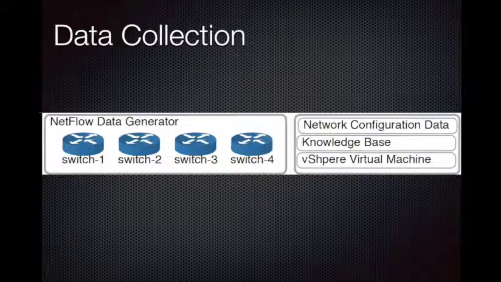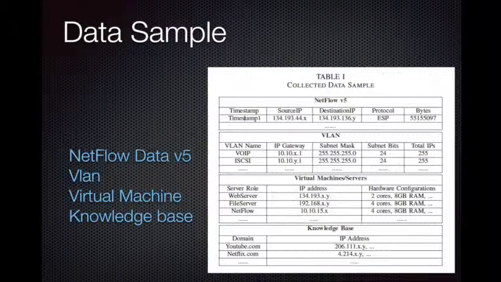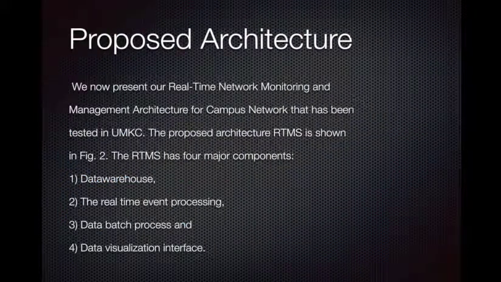Basically we have 4 different kinds of switches and 3 different kinds of data: network configuration data, the VLAN data, virtual machine, and the knowledge base. This is the data sample available on the screen.